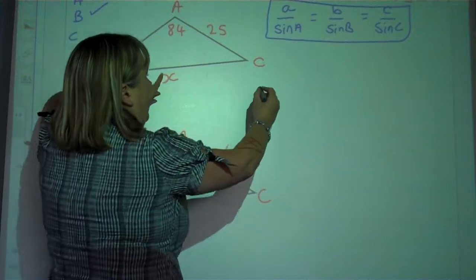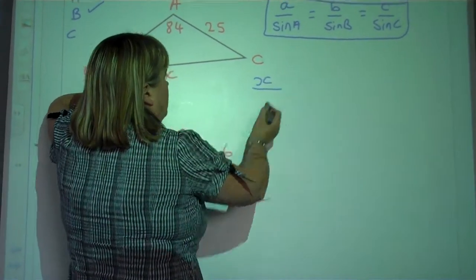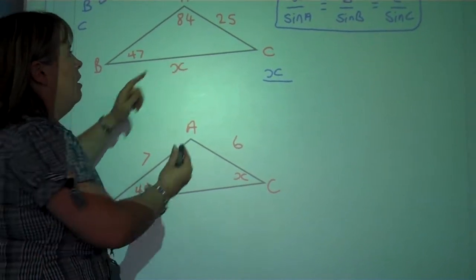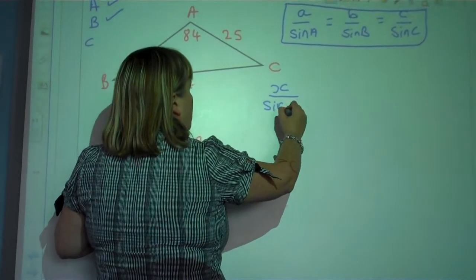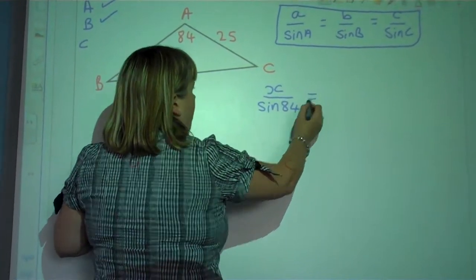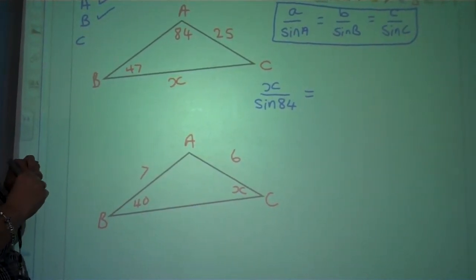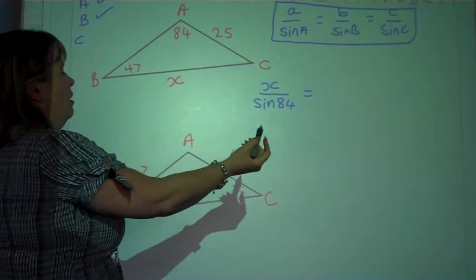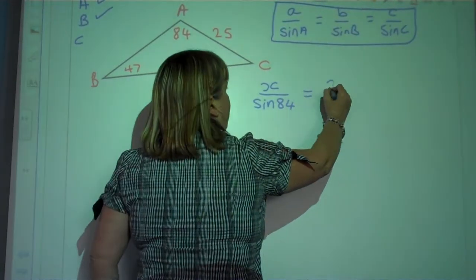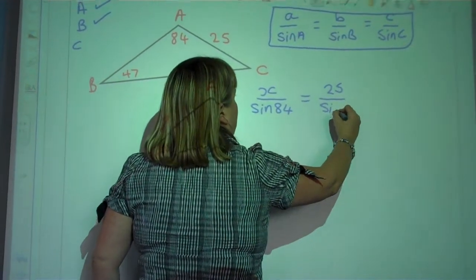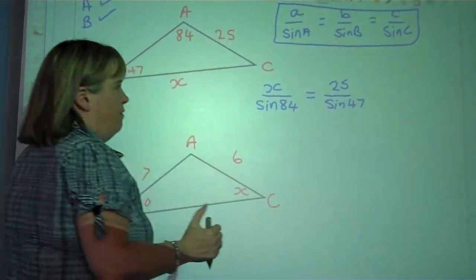So I'm looking for an x. So x divided by, what's the angle opposite to x? 84. So sine 84. And then I just need to write my other pair in the same way. So what's my other pair going to be? 25 over 47, divided by sine 47.